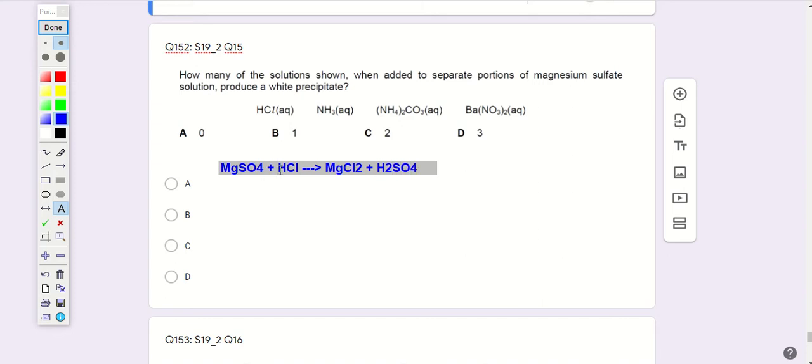Now let me balance the equation. These two products are soluble in water, so there is no white precipitate. I'll put here, no white precipitate.